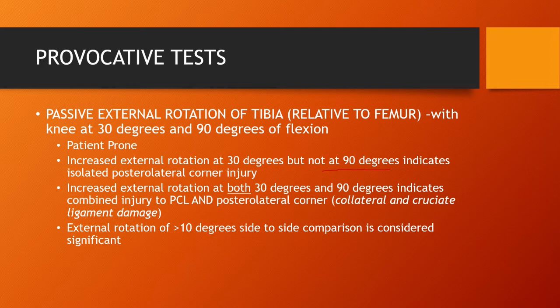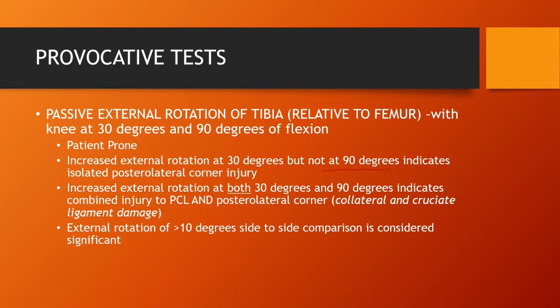Now, when we have increased external rotation at both 30 and 90 degrees, what's that going to indicate? Well, it's going to indicate injury to the posterolateral corner, and also suggests combined injury to the posterior cruciate ligament. And any external rotation of greater than 10 degrees side to side comparison is considered significant.